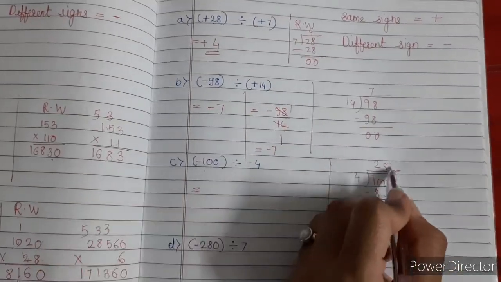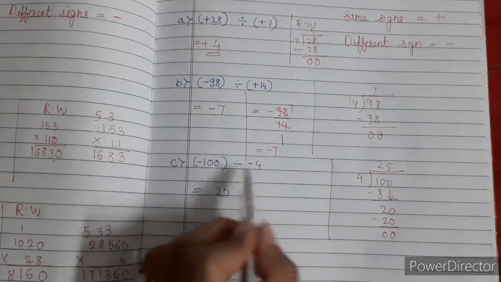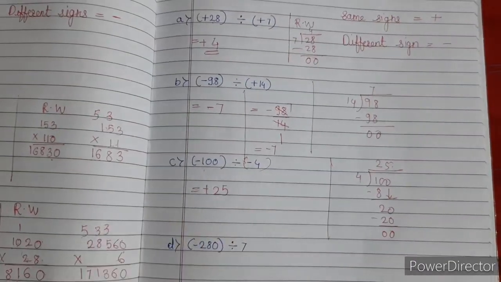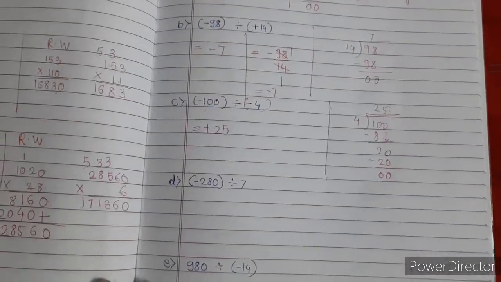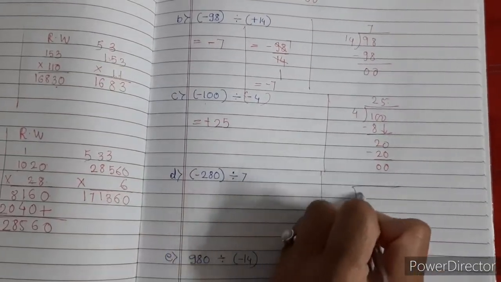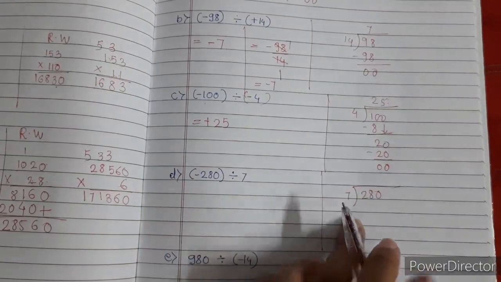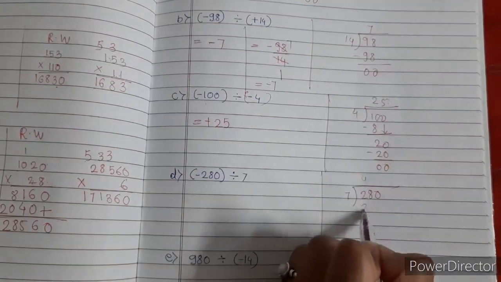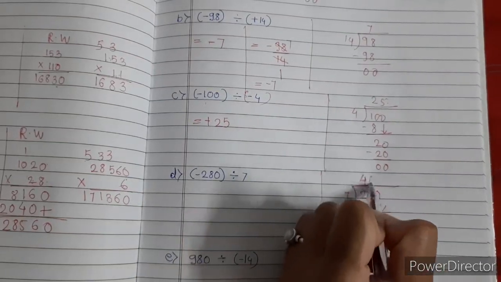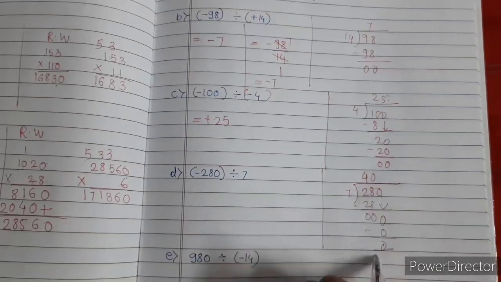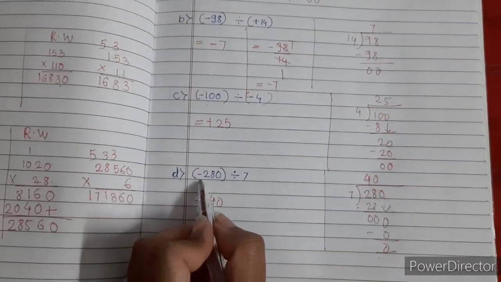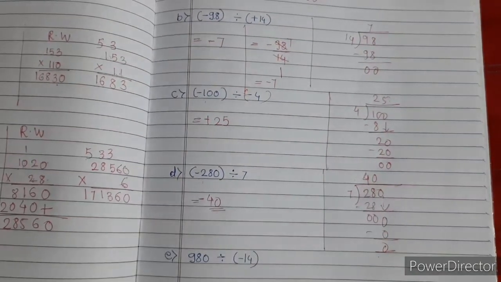So my answer will be 25 and both of them have the same sign, that is they both have negative signs, so my answer must be positive. Next sum, minus 280 divided by 7. So I'll perform the division first. 7 4s are 28, 0, 7 zeros are 0. So the answer is 40, but both of them have different signs, so the answer is negative.